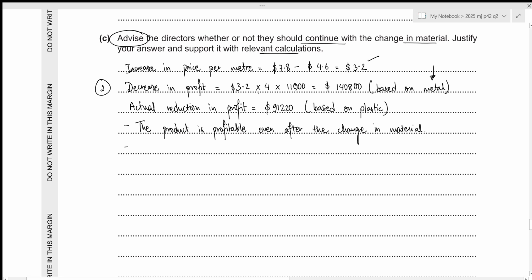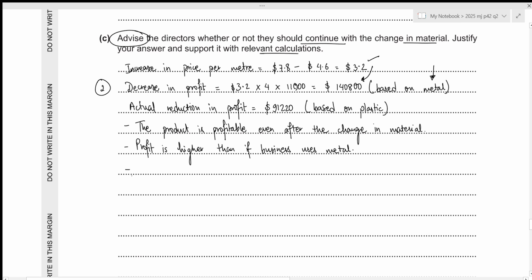And then we can see that if we were to continue with metal, then our profit would reduce by a higher amount. So it means that after changing our material, the profit is higher than if the business uses metal. Let's consider that. Profit is higher than if business uses metal based on the given prices.